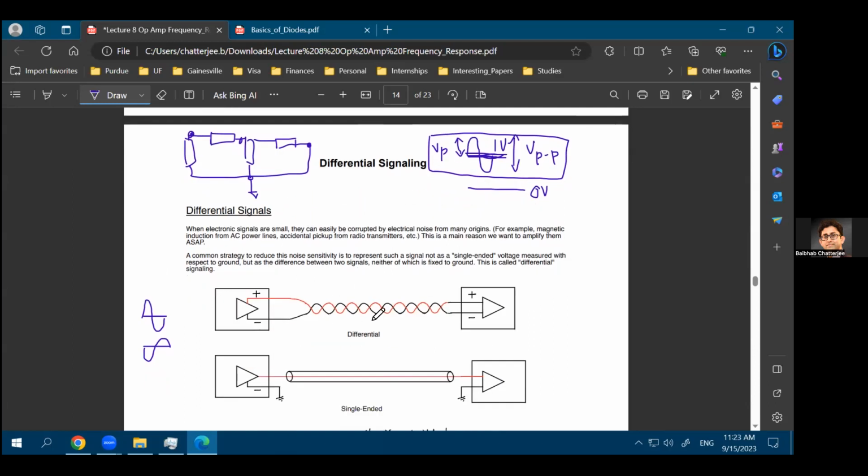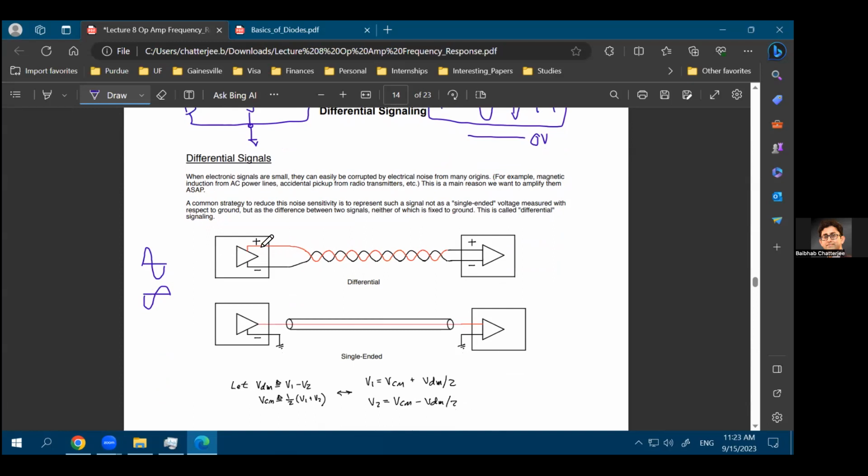In case of differential signaling, it's two signals which are opposite to each other at every point. So if you have, let's say, a sine wave on the positive line, the negative line should also have a sine wave which has exactly the opposite phase relation with respect to the positive line. That's how differential signals are defined.